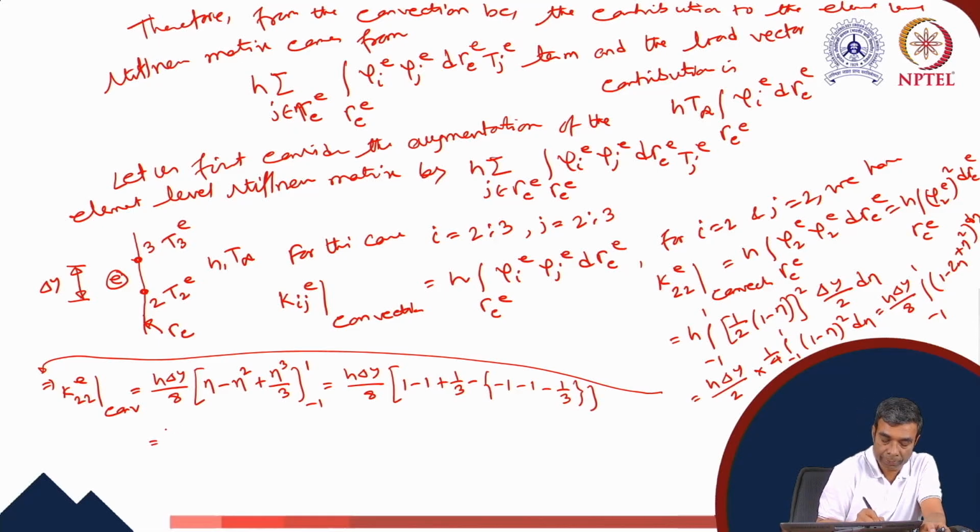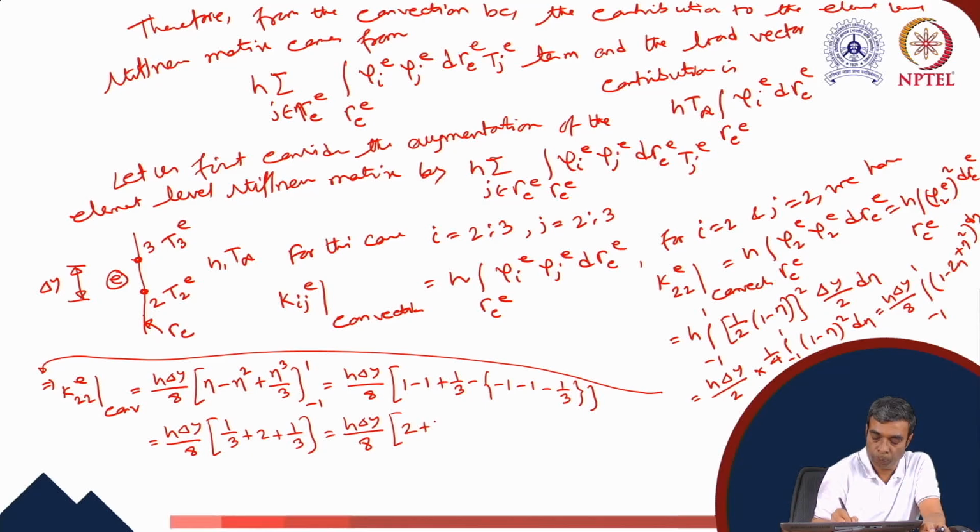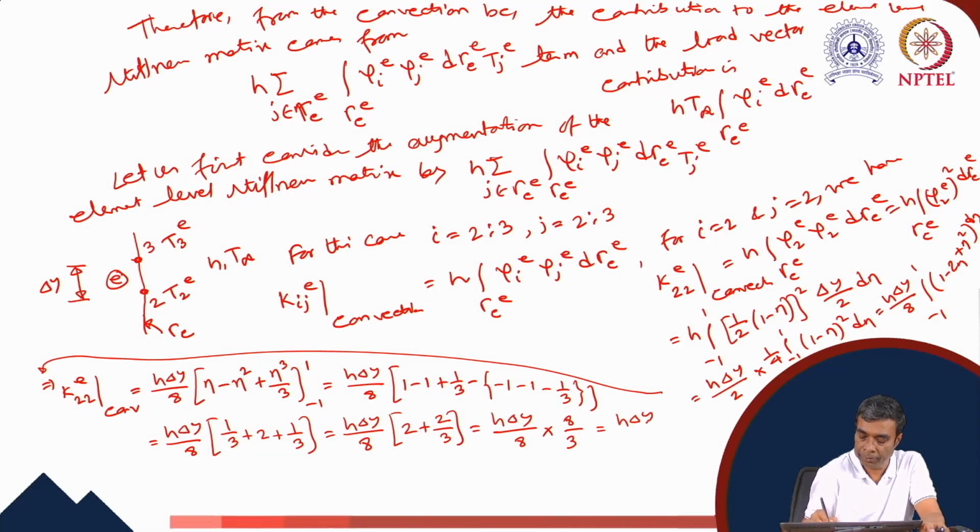This comes as H delta y by 8 into 1/3 plus 2 plus 1/3, equals H delta y by 8 into 2 plus 2/3, equals H delta y by 8 into 8 by 3. This is H delta y by 3.